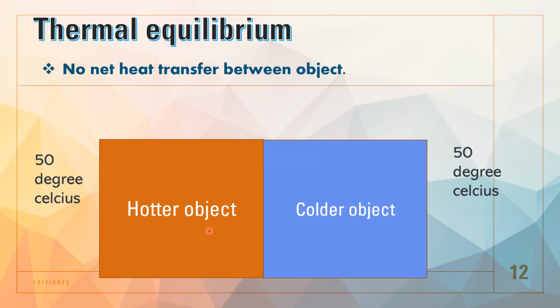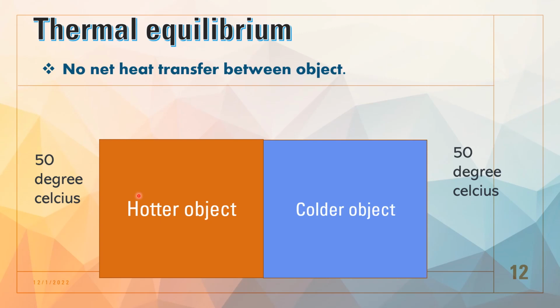After some time, the temperature of the hotter object decreases to 50 degrees Celsius, while the temperature of the colder object increases to 50 degrees Celsius. We can see that the temperature of both objects becomes the same after some time.